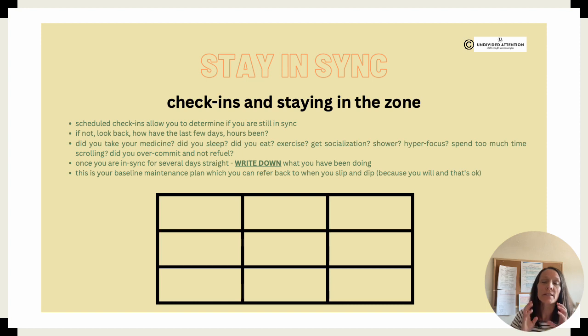But scheduling that check-in, you're going to have to use alarms. You're going to have people remind you. You'll have to have post-it notes. It all has to be external because you won't remember, and that's working memory. You can't help it.